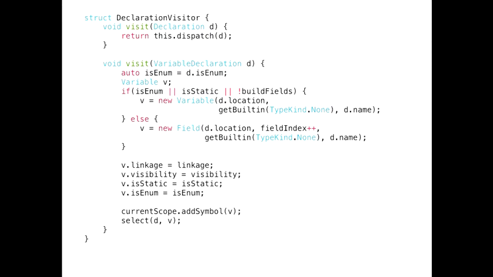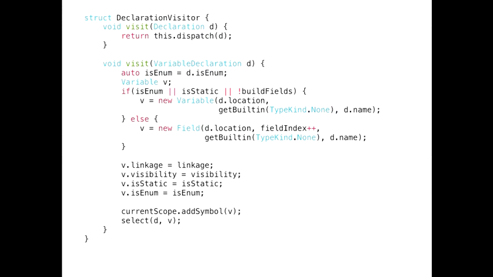Here we have a variable. When you encounter a variable, you don't know if it's a field or a variable, because if it's in a class or a struct, you have to make it a field, and it's not static. So you detect if you need to create a variable or a field. You copy the different state you have, like the linkage, is it already static, what is the visibility, all that.